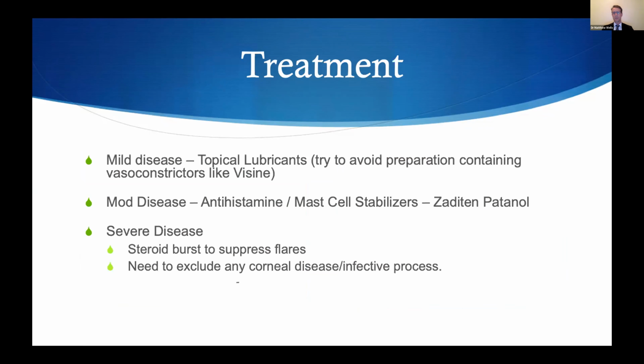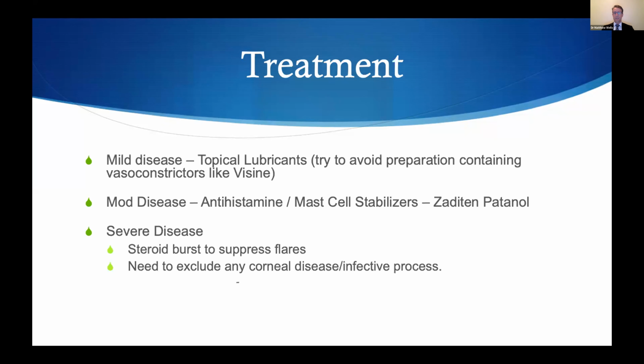They're quite helpful because they can have them in their pockets, in the office, in their handbag, and they tend to use them more frequently. I try and steer clear of the vasoconstrictor type products, so things like Visine. They really just mask the symptoms. They don't really treat the underlying cause of the issue.